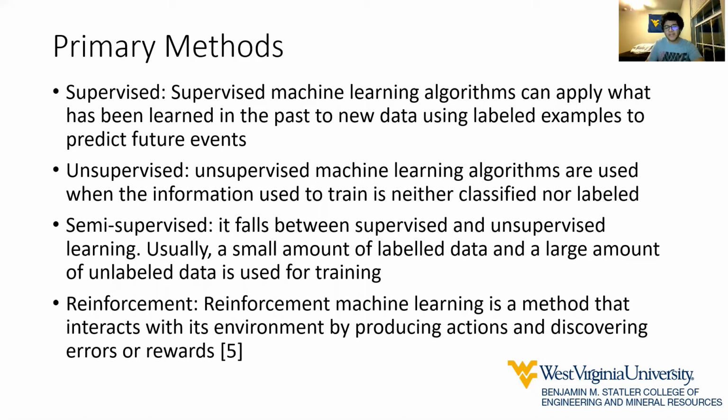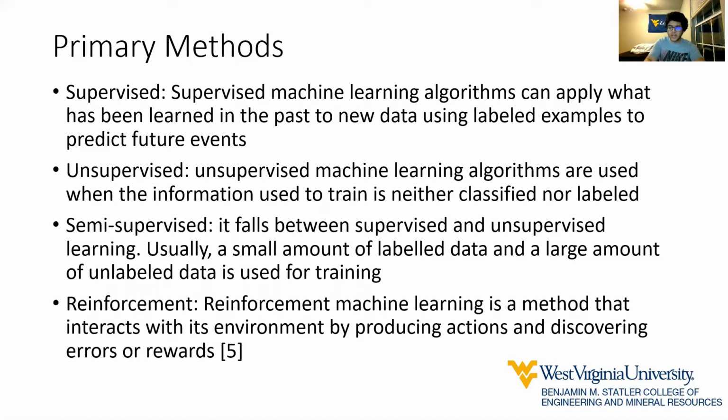Usually, a small amount of data is labeled and a large amount of data is unlabeled. Reinforcement learning is built upon the concept of rewards and punishment, just like video games. With this approach, we want to maximize the rewards and minimize the punishment. So these were some of the most commonly used machine learning methods.